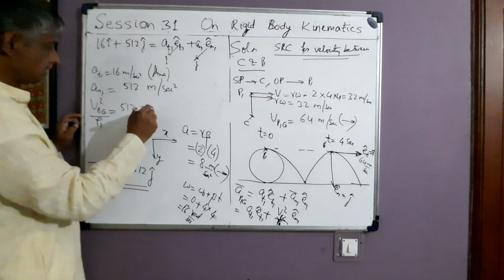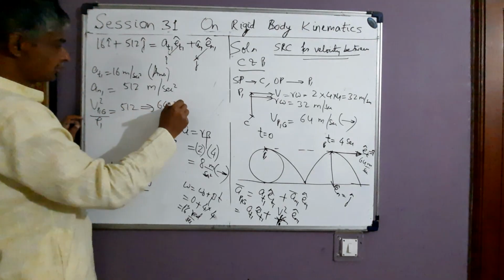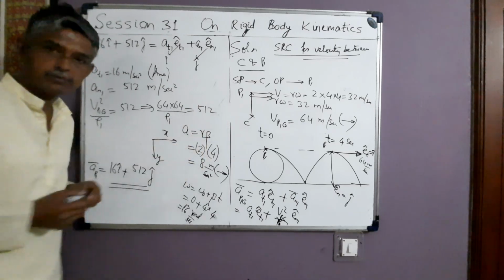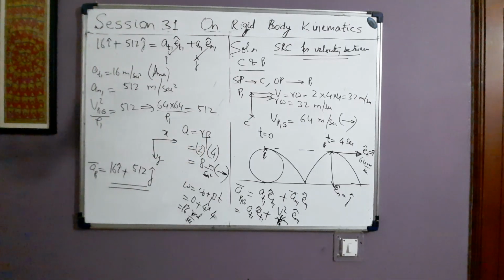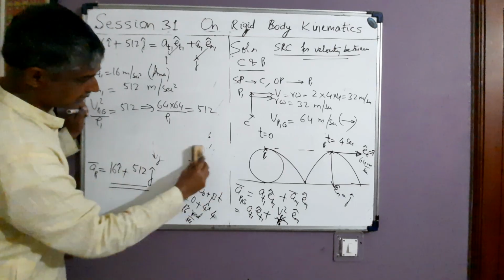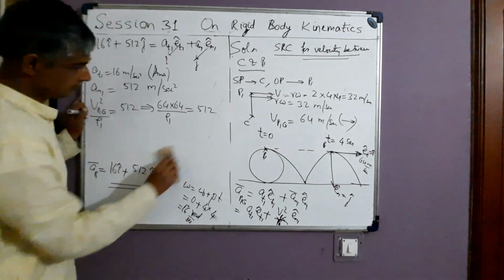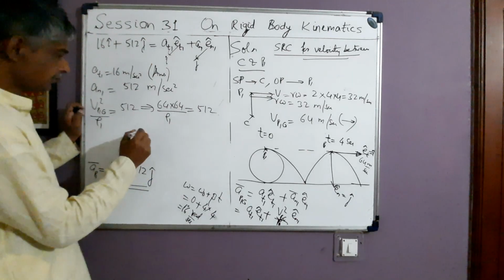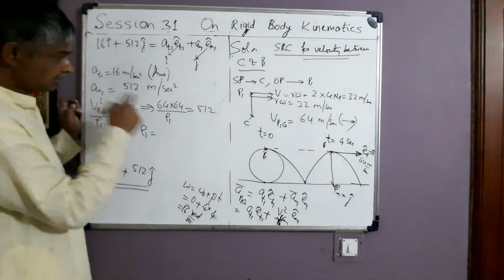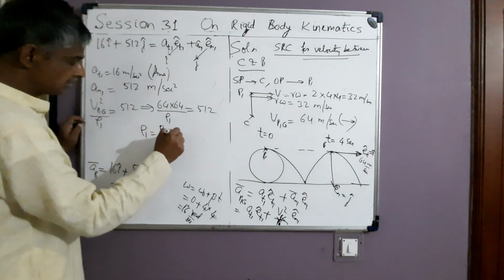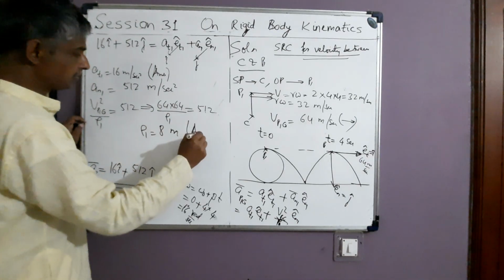So I get here 64 into 64 by rho 1 is equal to 512. So rho 1 becomes 64 times 64 by 512, this becomes 8 meter. This is also one answer to the problem.